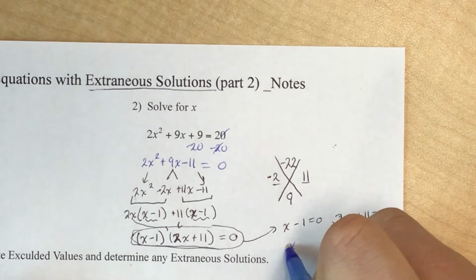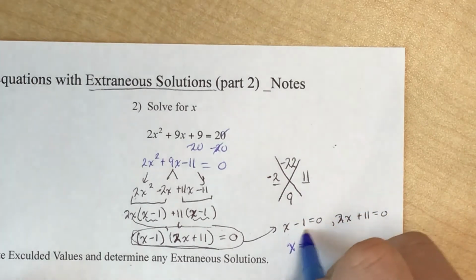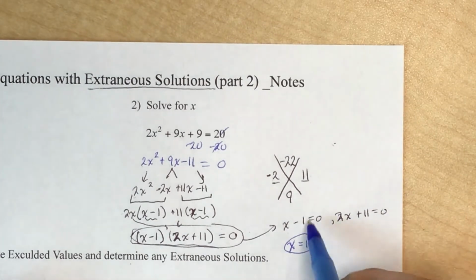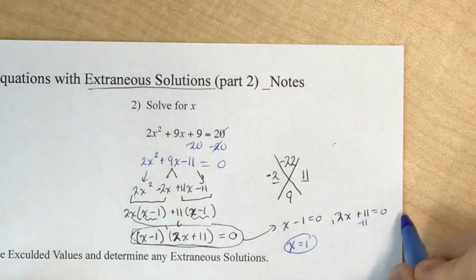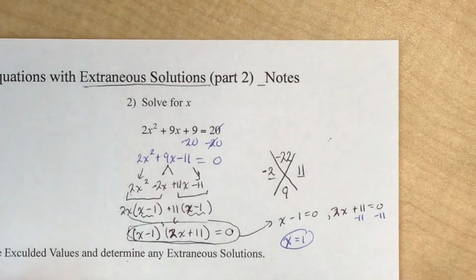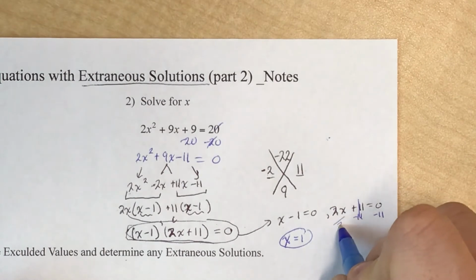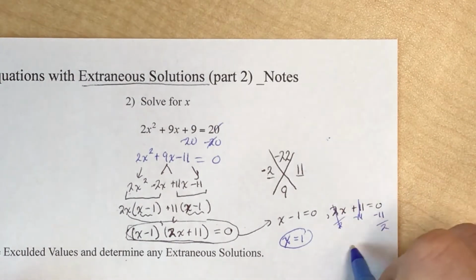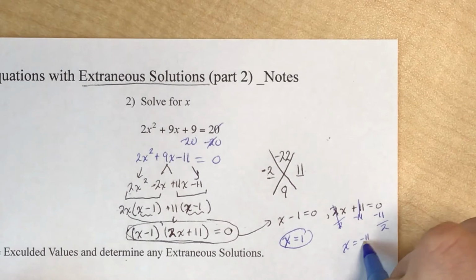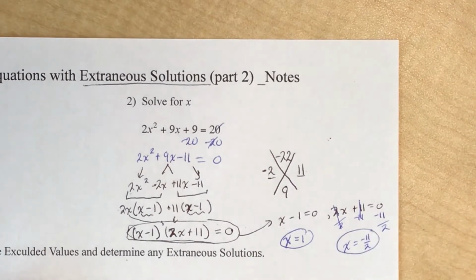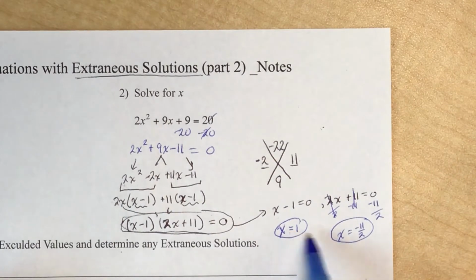This one is just x equals 1, because if I add 1 to both sides, you would get 1. For the other factor, you have to subtract 11, and then you would also have to divide by 2 after that. So x is going to equal negative 11 over 2. So your two solutions after we factored are 1 and negative 11 over 2.